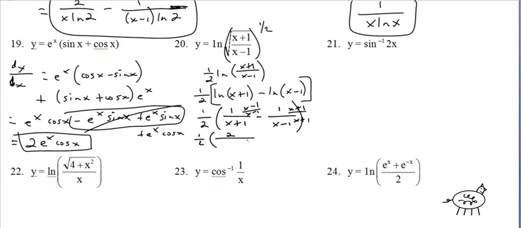So I get 2, and on the bottom I get x squared minus 1, right? X plus 1 times x minus 1, that's actually what I get. And then I get an answer of 1 over x squared minus 1. And that really is my final answer. And I'm missing a negative in here. Oh, because this should have been -2 here, sorry. Okay, and that would have been negative here.